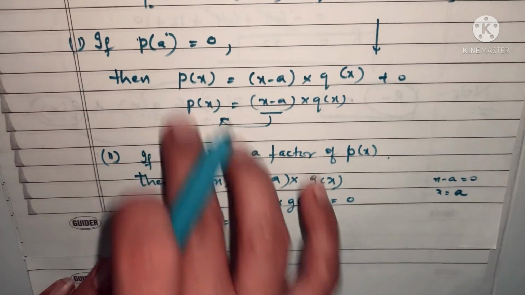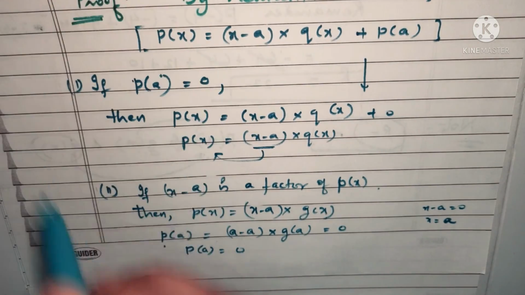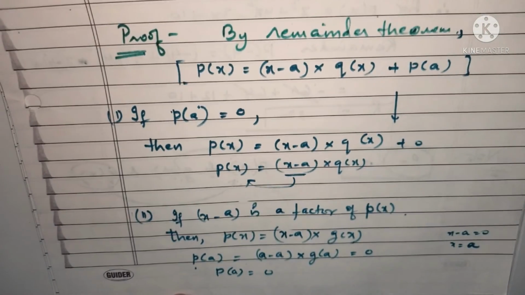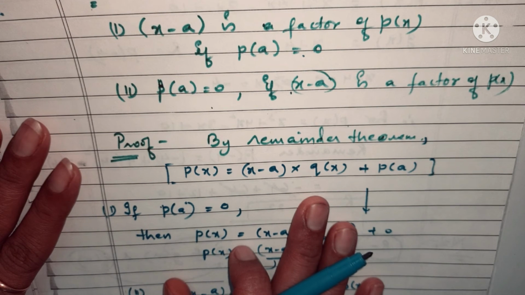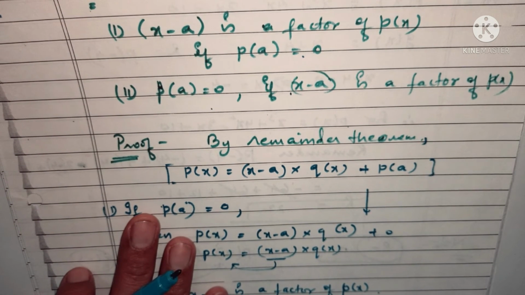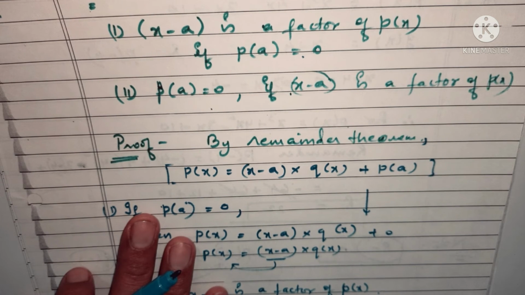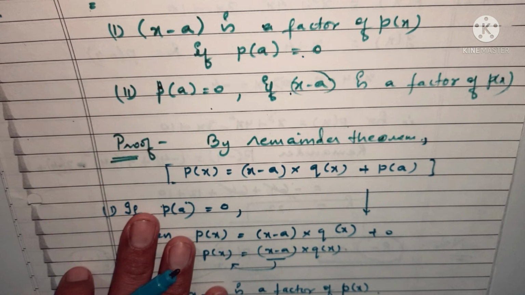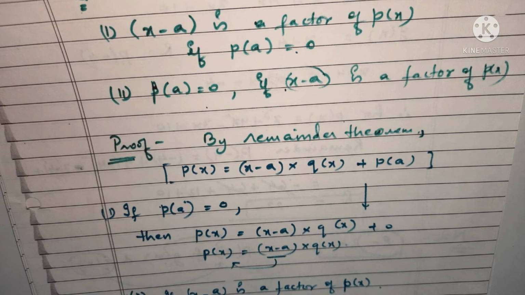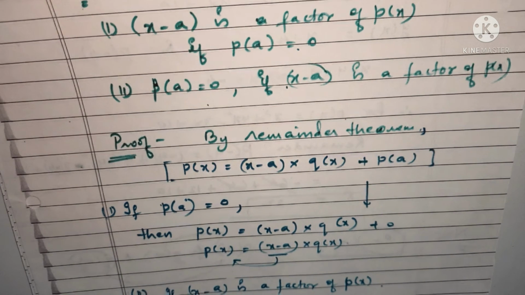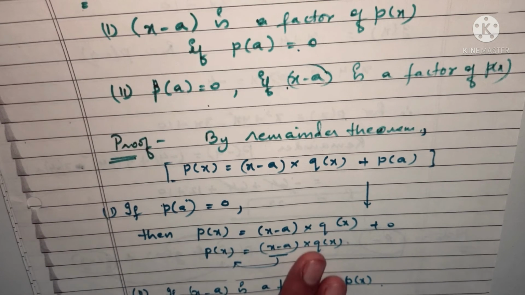Okay, so both the things, in fact this was the first condition and this was the second, so both the conditions are proved here. So this is your factor theorem, and we will start with factorization in the coming sessions. Before starting with factorization, we will come with some questions related to factor theorem.